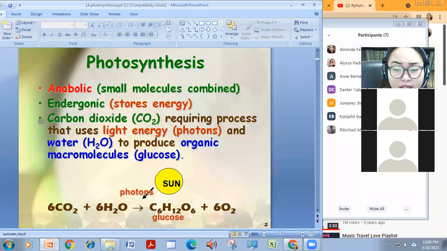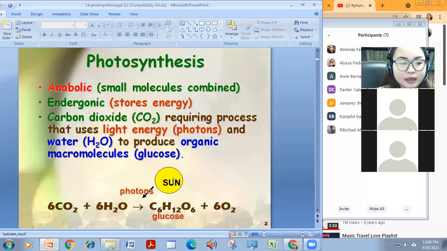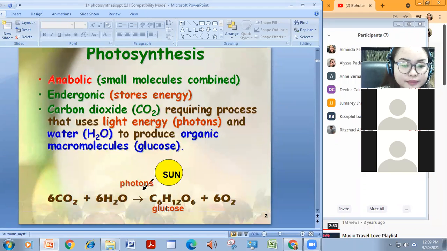It involves a carbon dioxide or CO2 requiring process, and technically uses light energy known as photons and water or H2O to produce organic macromolecules, also known as glucose. So actually we have a very important equation.